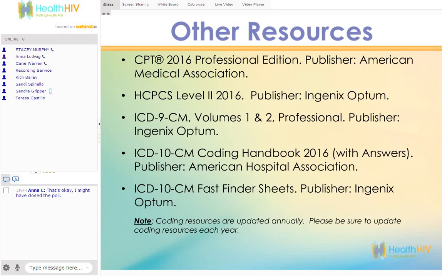I went and did a coding in-service for a practice, and they were concerned about their claims being denied. So I did a random review of some of the claims, and the codes were outdated. The codes no longer existed. And so I asked to see the coding resources that they were using in their practice, and they were using code books that were 5 years old.